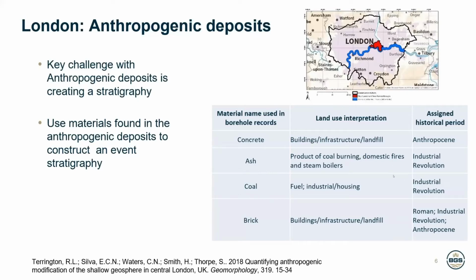So this is the Industrial Revolution, so 19th century and 18th century deposits. Brick is an interesting one. Brick has been used in London for a very long time, and in some cases is as old as Roman. So it's probably not as good a marker in London for dating your deposits. In other cities, it might be more useful.